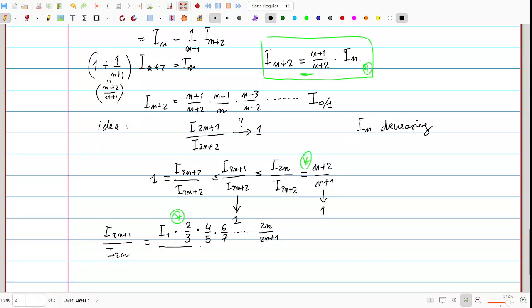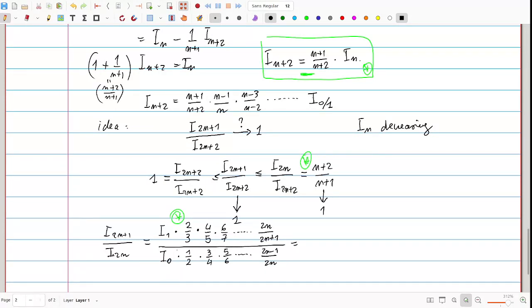While below we start from the even term I_0 times 1 over 2, 3 over 4, 5 over 6, and so on, up to the last one, where the denominator is 2n and the numerator is 2n minus 1.